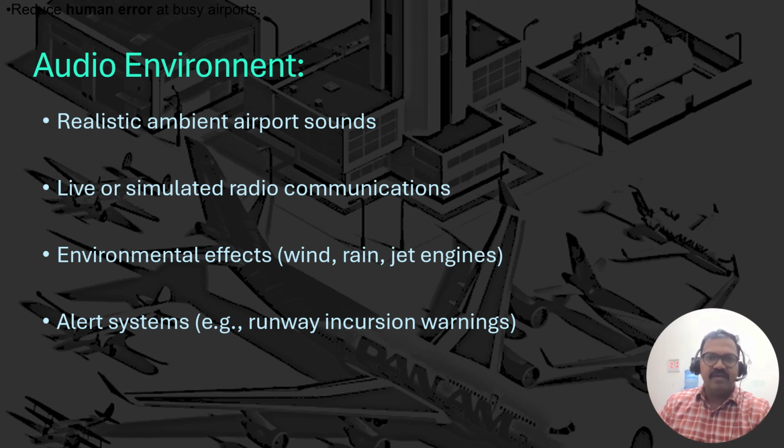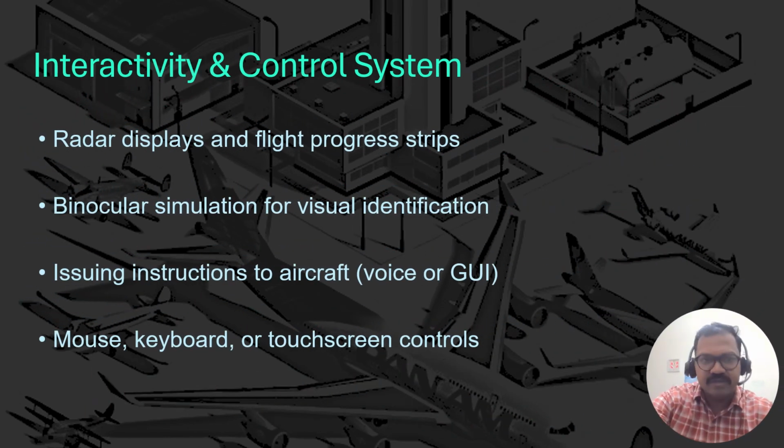In the next slide, we are going to see the interactivity and control system, the brain of the simulator. Trainees use radar displays, flight progress strips, and binocular simulations for visual identification.